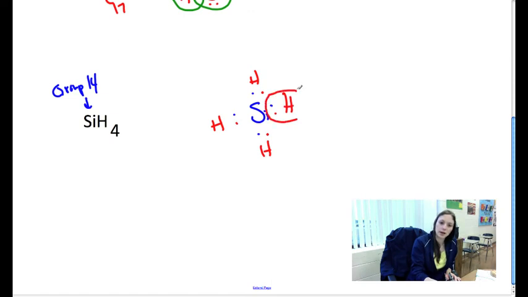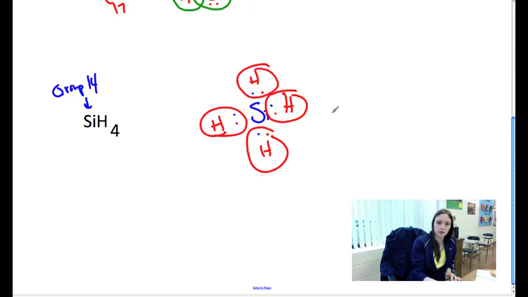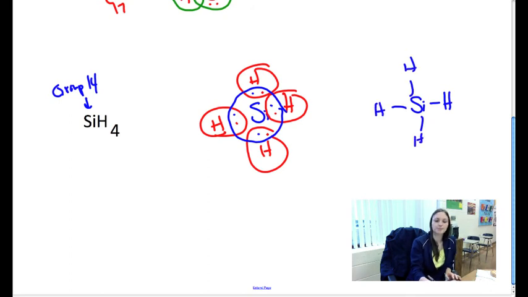So now this hydrogen is happy, it's got 2, this one has 2, this one has 2, this one has 2, and then the silicon has its 8. So we end up with something like SiH4, with 4 H's.